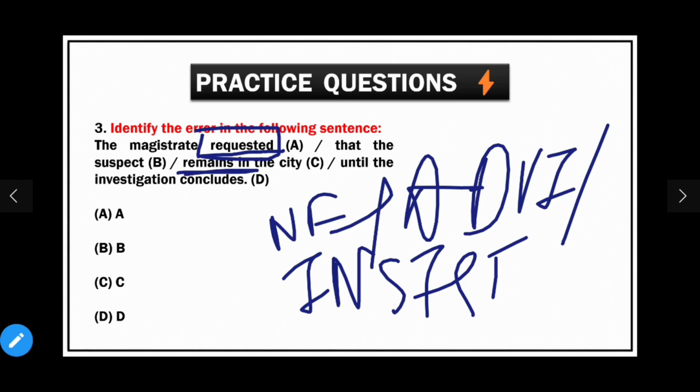So this is the error in option C, and this is the correct answer, because in subjunctive mood, when we use a main verb along with any third person singular subject like the suspect, he, she, or anyone else, we have to use the base form of the main verb, that is "remain" only. If it were any different kind of word, it would definitely be the base form of that main verb, like drink, see, love, something like that. So here C is the correct answer.